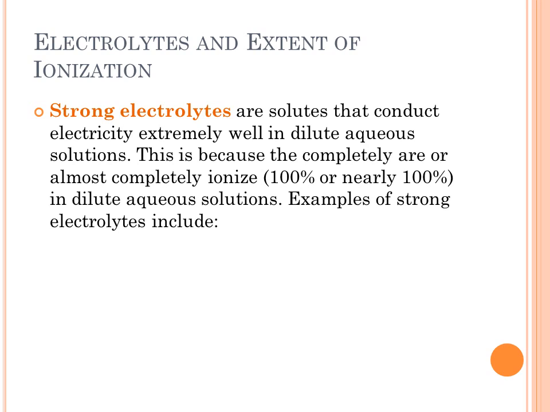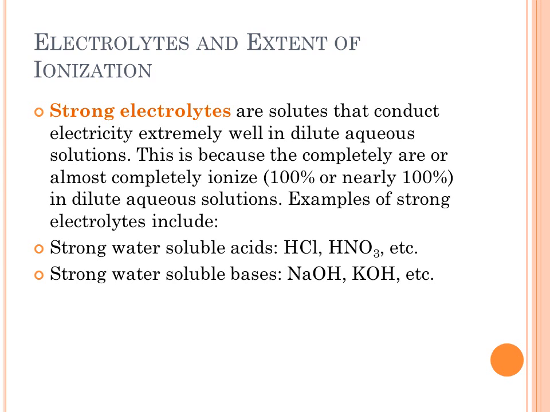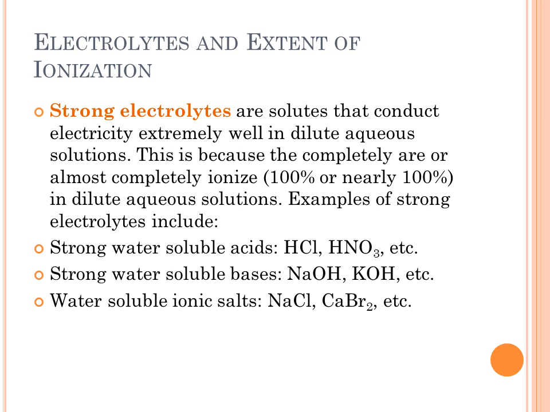Some examples of strong electrolytes include strong water-soluble acids like hydrochloric or nitric acid and others, strong water-soluble bases like sodium hydroxide, potassium hydroxide, so on and so forth, and water-soluble ionic salts, sodium chloride, calcium bromide, so on and so forth, as long as they're soluble. We'll talk about which ones are and aren't a little bit later in the presentation.